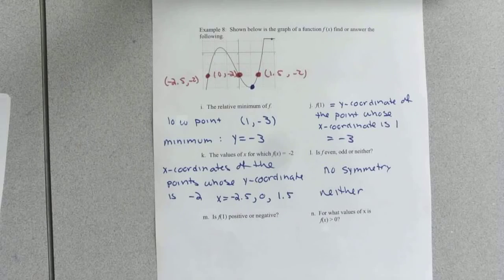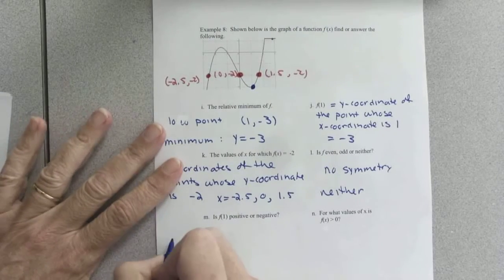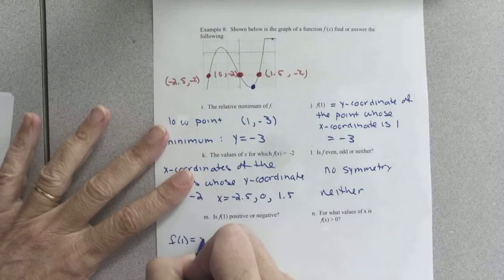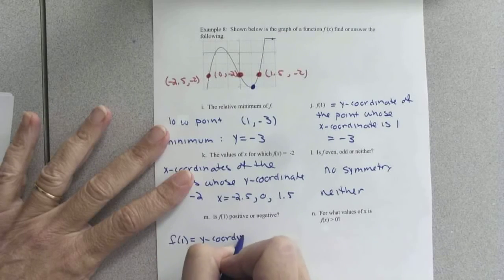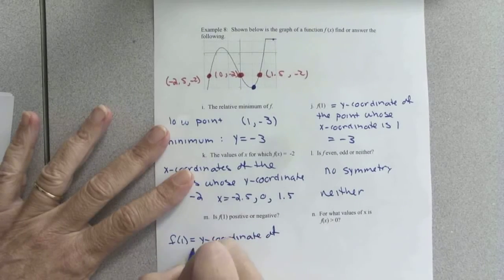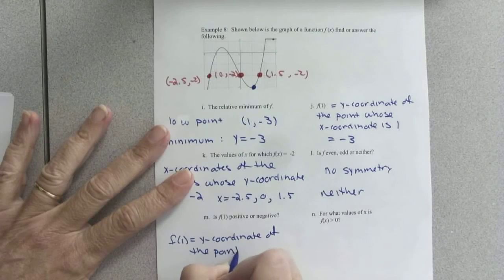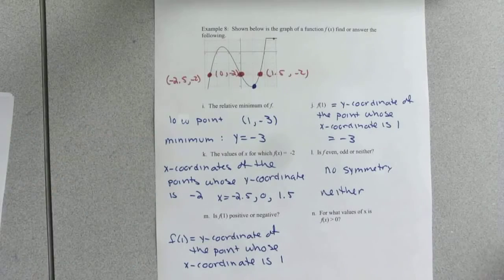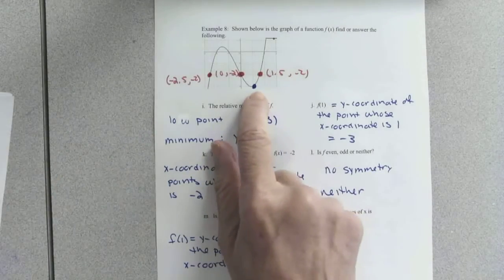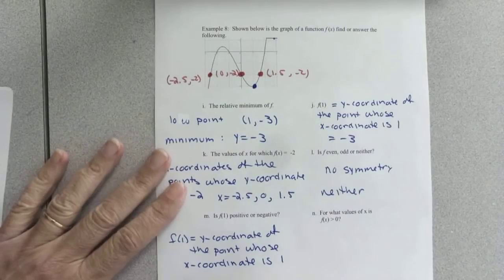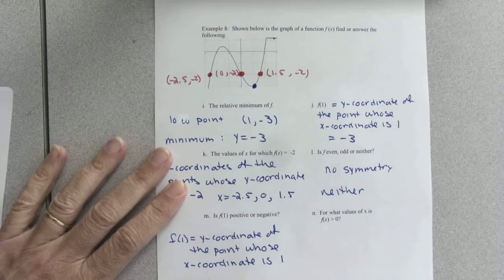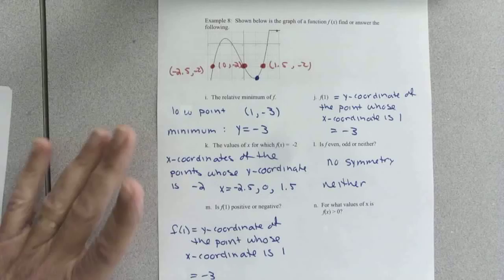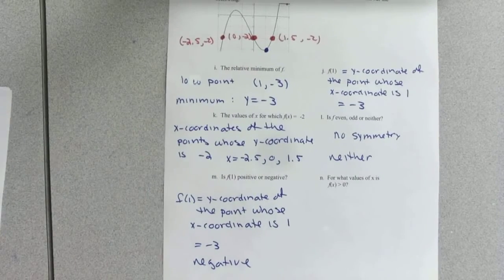Is f of 1 positive or negative? And the easiest way to do that is just to find f of 1. F of 1 is the y-coordinate of the point whose x-coordinate is 1. So I go and look here, and again, it looks like that would be about -3. And so it would be negative. Now, that's the easiest way to answer it.